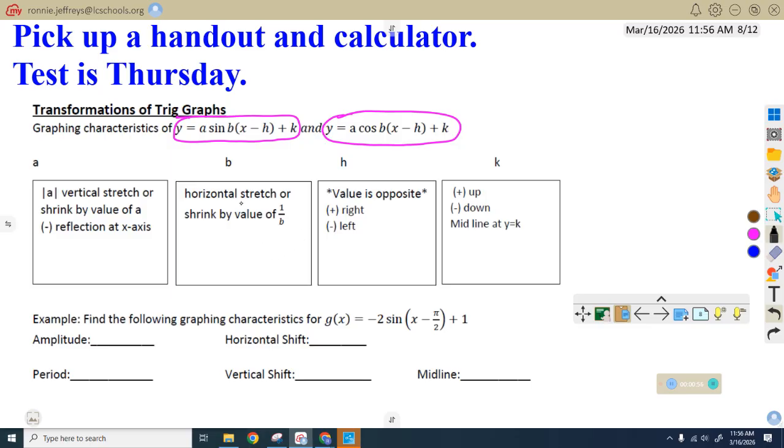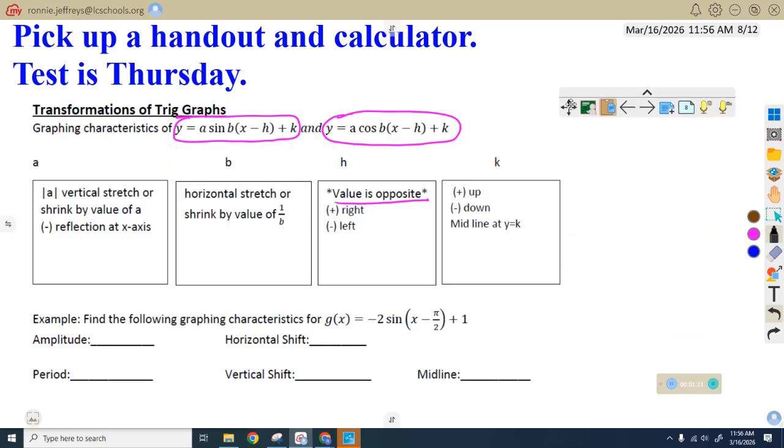Remember, H is always the opposite of what's written. Positive goes right, negative goes left. It has a horizontal stretch or shrink by this. So lots of different letters, we're just throwing it in here all at the same time.